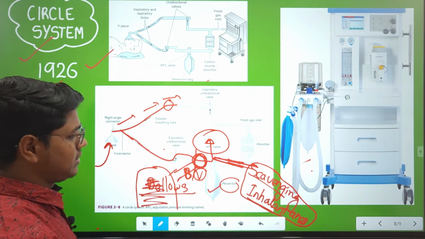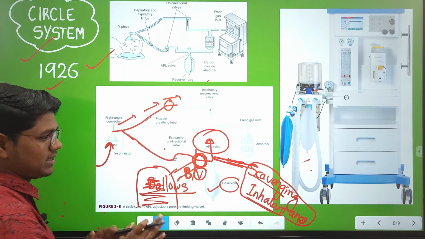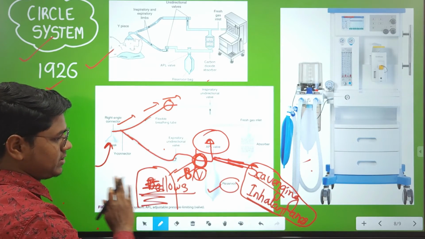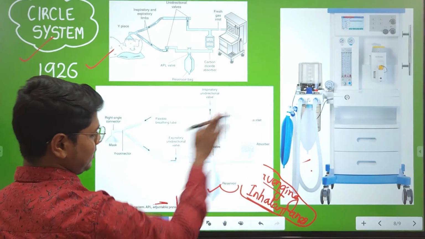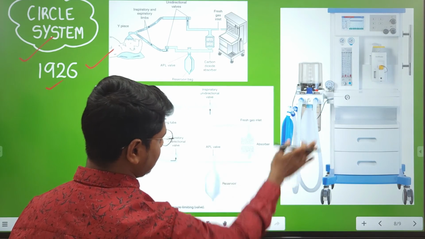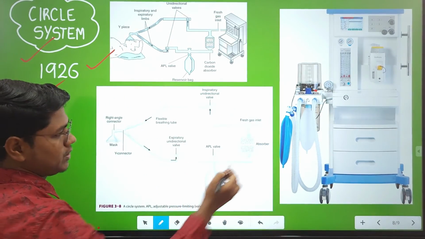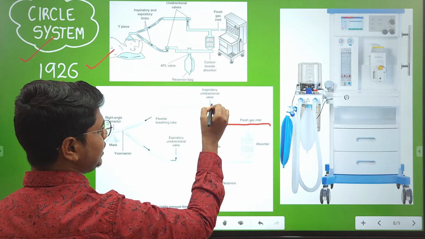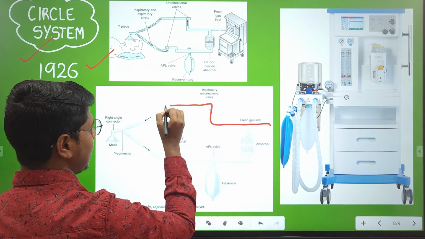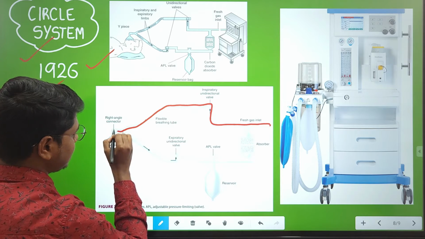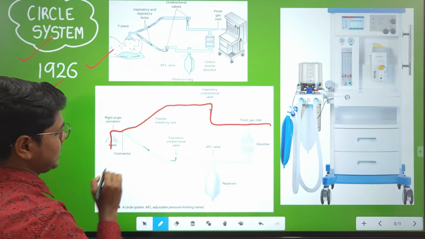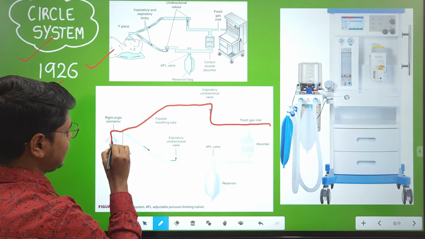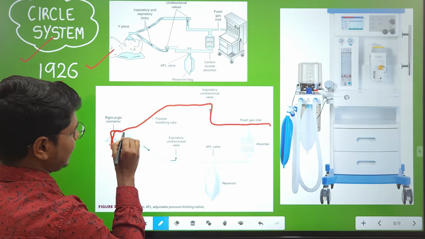Okay, so now you know the parts of this circle system. Let me wipe this so you can see another time. Here the fresh gas will come, go through the inspiratory unidirectional valve, then to the Y piece, and through the Y piece to the patient. When the patient exhales, it will contain carbon dioxide.